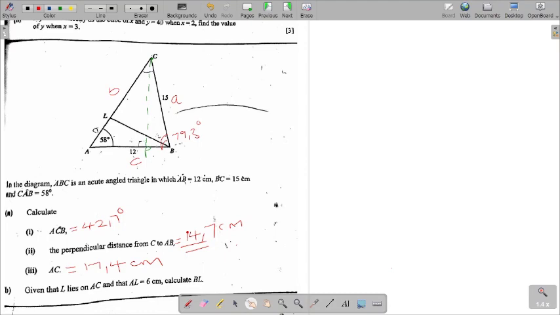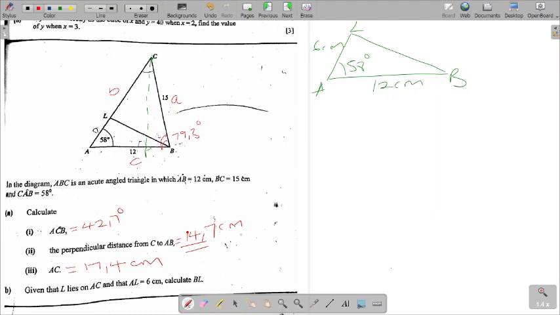So let me split this small triangle from the whole diagram. So this is our small triangle here, and here we have A, here we have L, and here we have B. And they are saying that AL is 6 centimeters, and here we have AB is 12 centimeters, and at A we have 58 degrees.